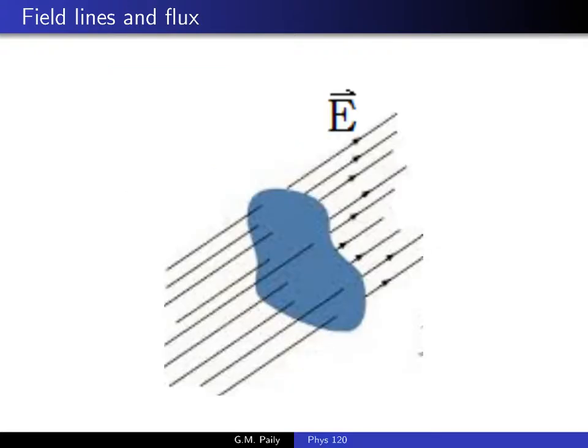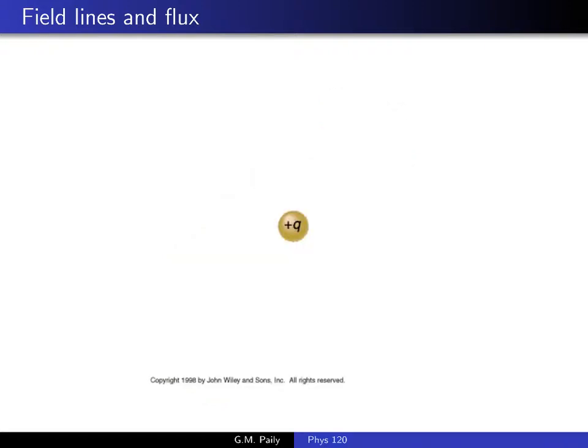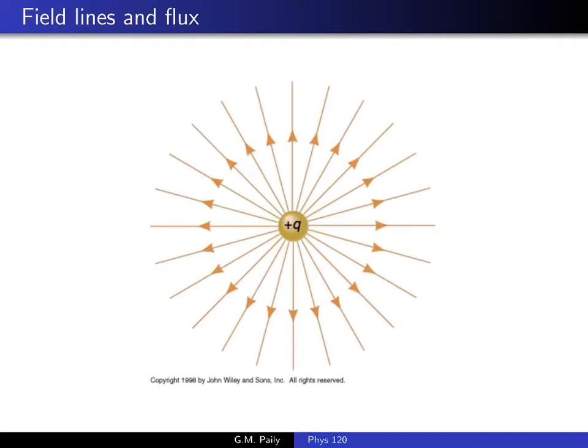Here again is another illustration of field lines piercing through a surface. Let's consider a positive charge. Since it is positive, it has field lines that radiate away from it in all directions.